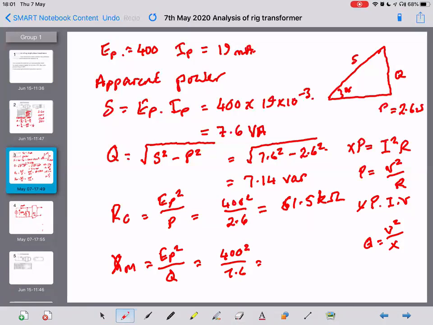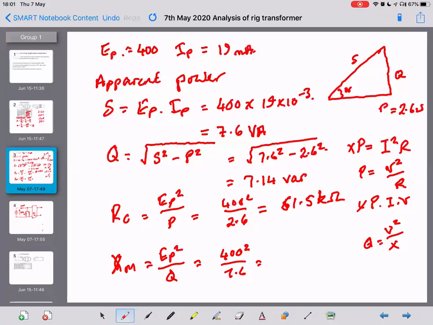And the XM? Hang on, I got 7.1 VAR. I have 7.14.